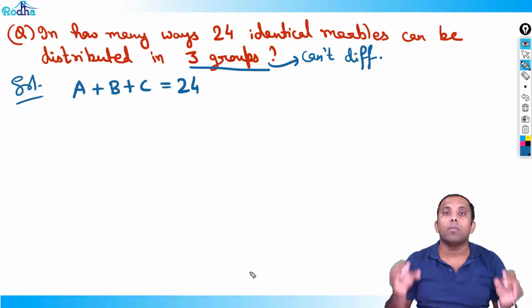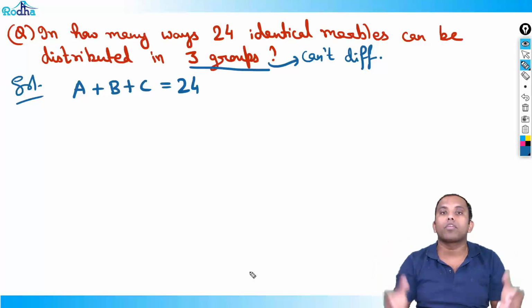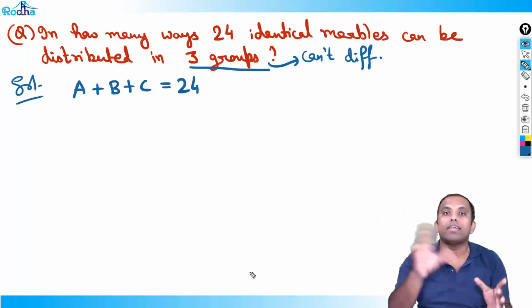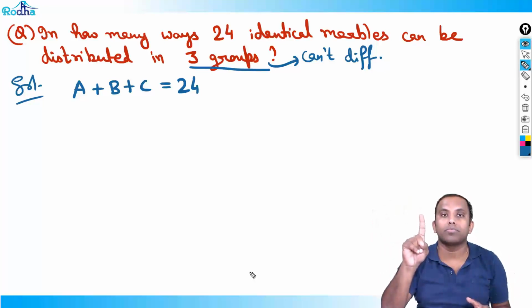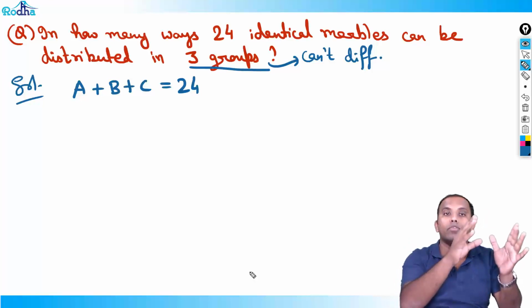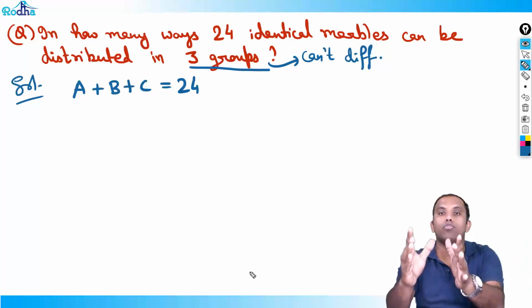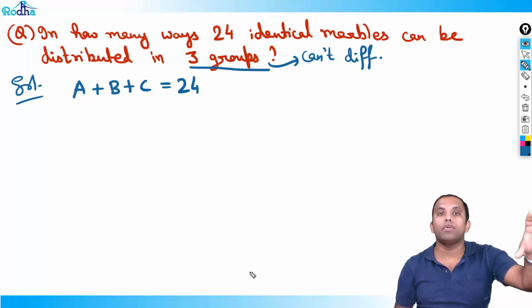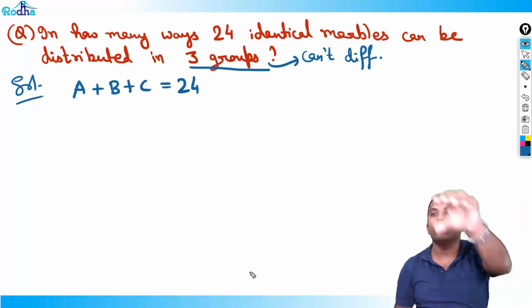Think yourself, we are dividing people into groups. That means you can't differentiate between the groups. 4 and 6 and 6 and 4 are only one grouping. Suppose you're dividing 12 people into 3 groups: 3 in one group, 4 in the second group, 5 in the third group.